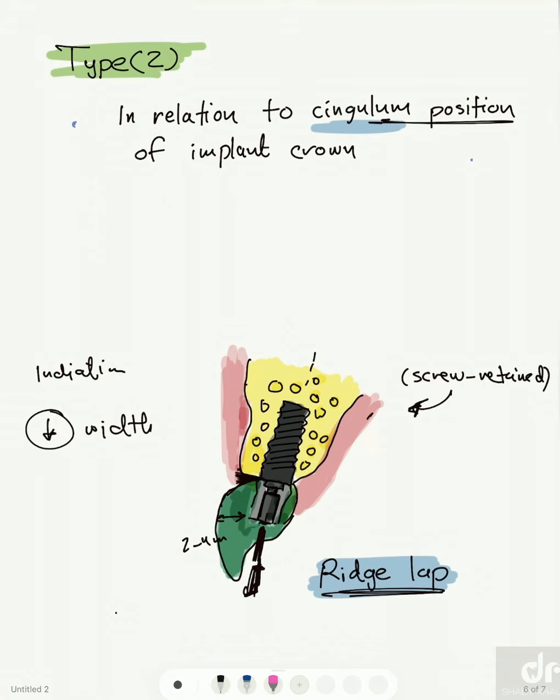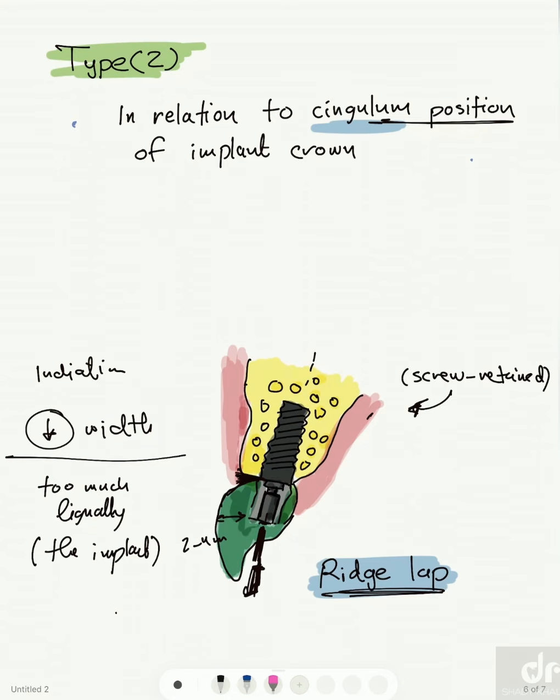And also we can use it if we put the implant too much lingually. Okay, in these two cases, we can use it: decreased width and a too much lingually positioned implant.